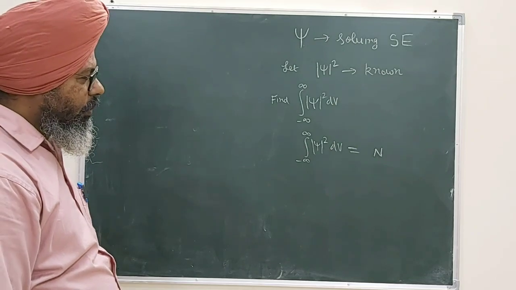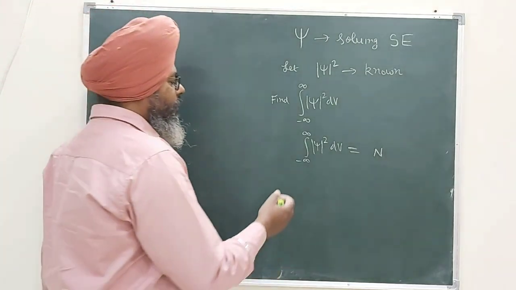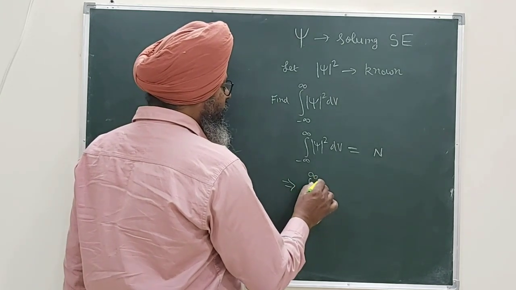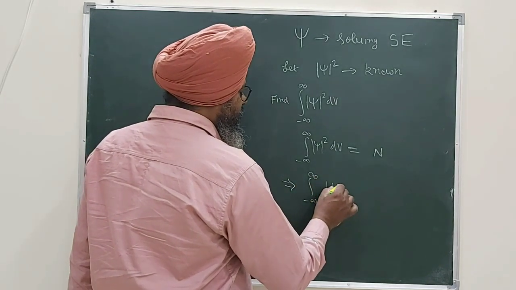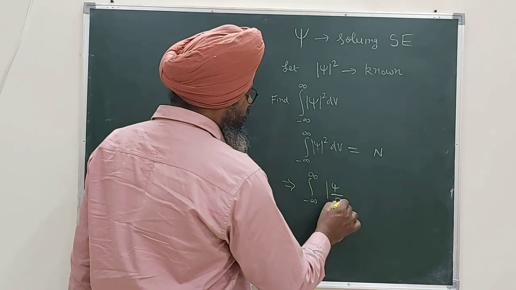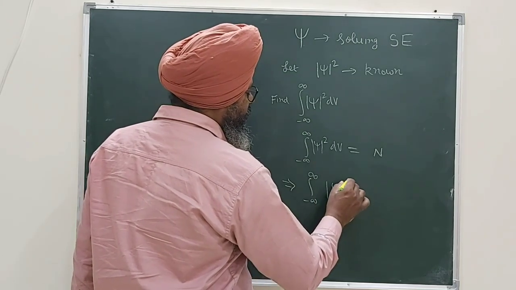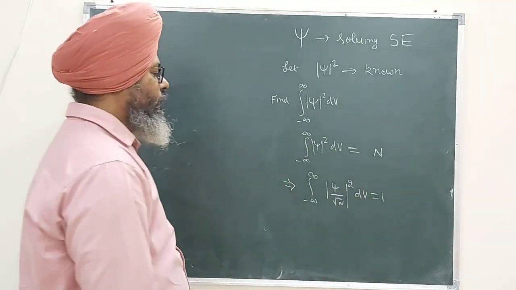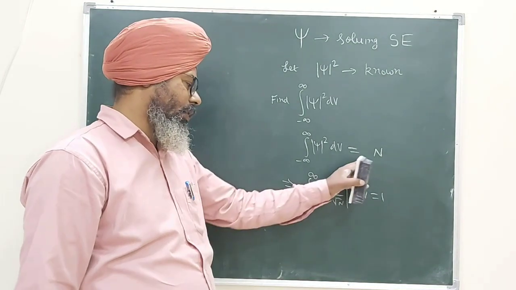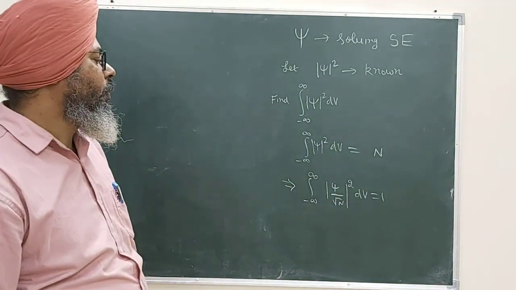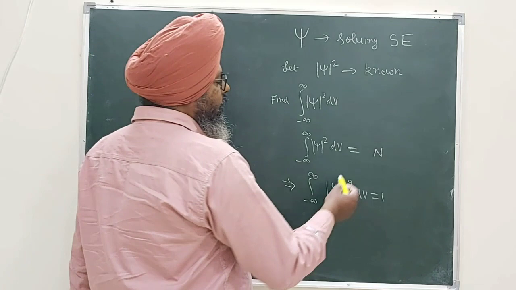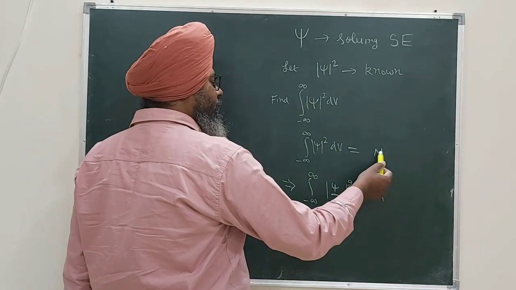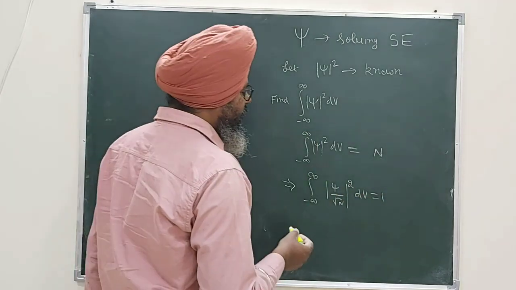Now this can be written like this: integral from minus infinity to infinity of psi upon square root of n, magnitude square, dv is equal to 1. Now you can see both of these equations are equivalent to each other. In this case I have taken this n on the left hand side because it is a constant, so I can write it inside the integration.